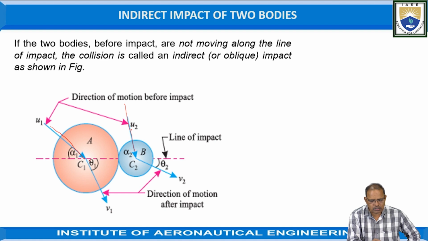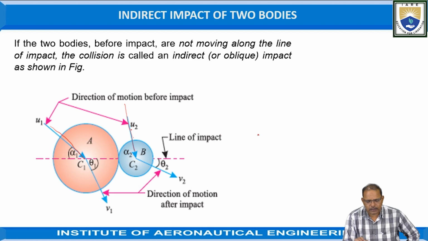So here the first body, A, and B are moving in the direction of alpha 1 with the horizontal line as shown in the figure. Similarly, the second object B, before the impact or collision, is coming with an inclination of alpha 2 with the line joining AB as shown in the figure.